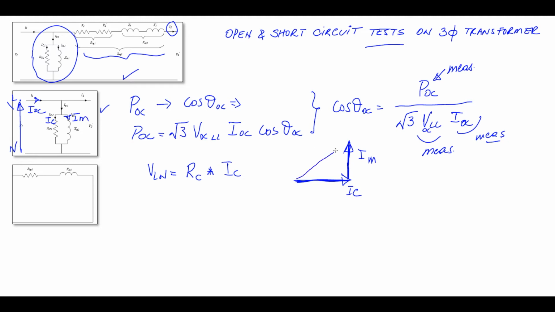The vectorial sum of those will give I open circuit. This quantity, I open circuit, is measured, and that's the theta open circuit here.